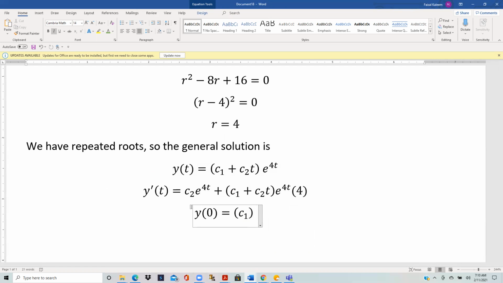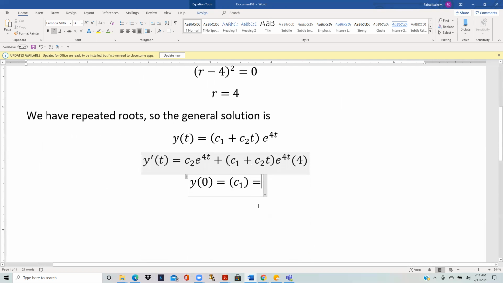And so y(0) is just C1, and that's equal to 4. So C1 is equal to 4.